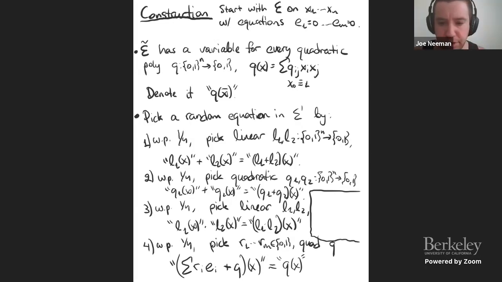So I think maybe a point of confusion for some people, because I've also had some chats, is that when you write a polynomial in quotes, it's not really the polynomial; it's the input variable to the E tilde, to the equation of E tilde. So everything in quotes is one variable for every quadratic polynomial, and it's just the name of the variable.